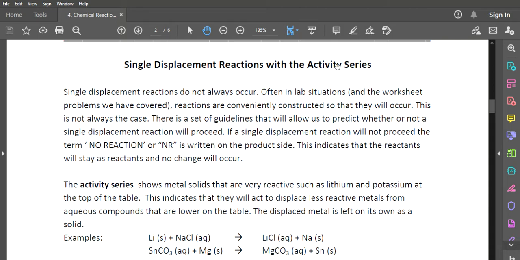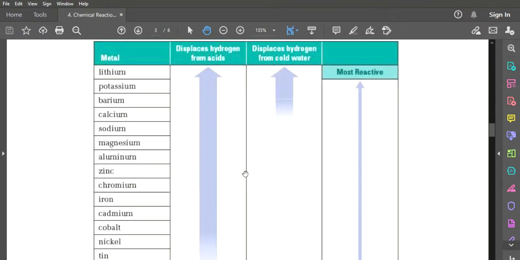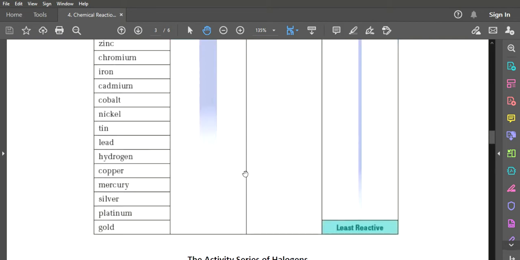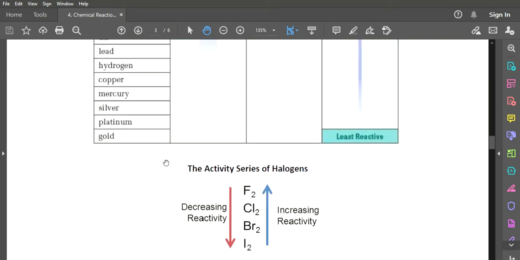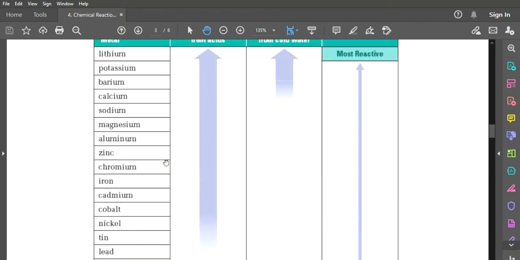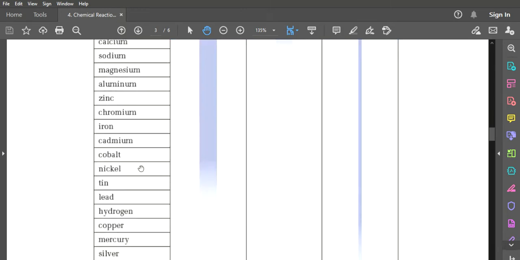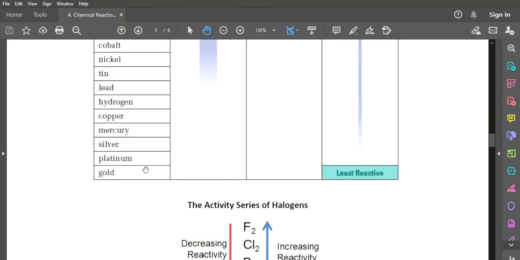What we're going to use to help us figure that out is something called the activity series. The activity series, and we'll see what it looks like on the next page, is a chart of most metals on this one, and we'll see a second one for halogens, with the most reactive metals listed at the top, and they become lesser and lesser reactive as we get to the bottom.